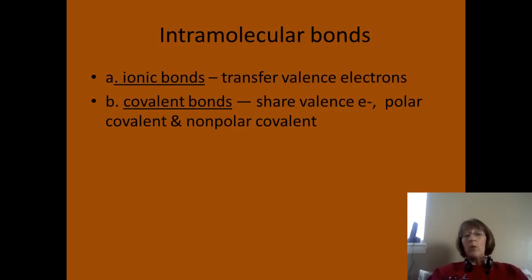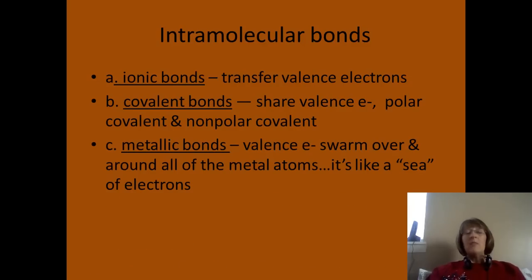You can have polar covalent and nonpolar covalent. Polar means that one of the atoms in the bond is taking just a little bit more than its fair share of the electrons. So one side of the molecule tends to be negative, and the other side tends to be positive. Nonpolar means they're sharing equally. Metallic bonds are kind of strange.